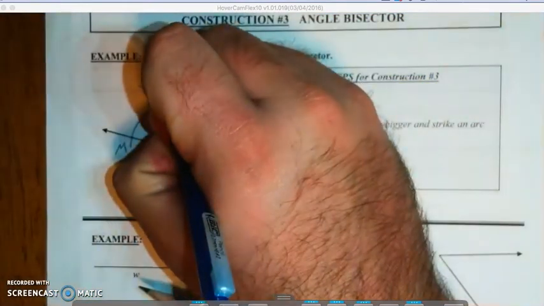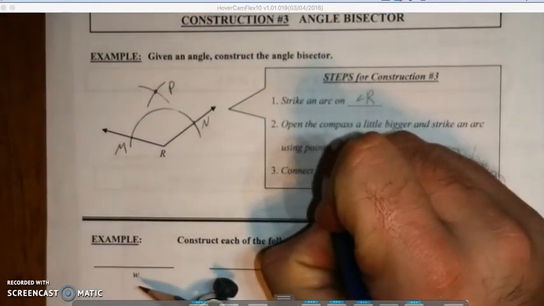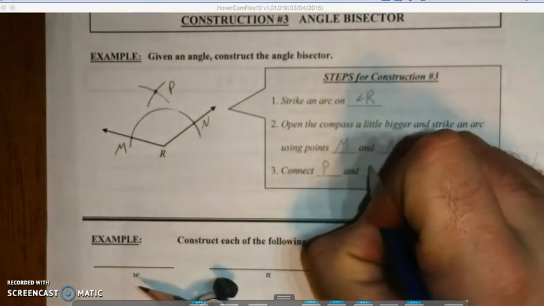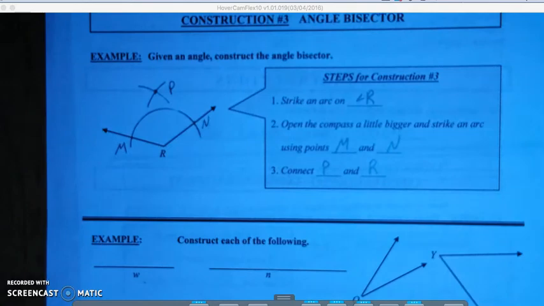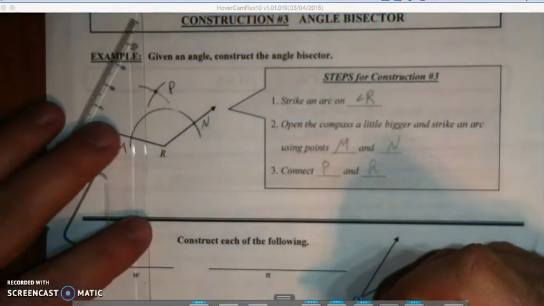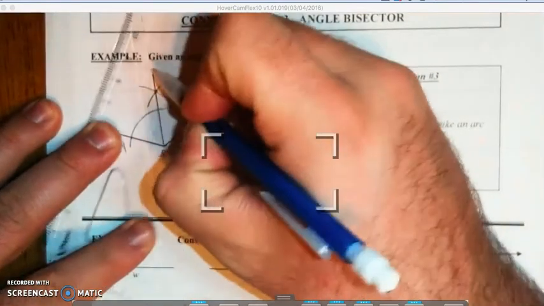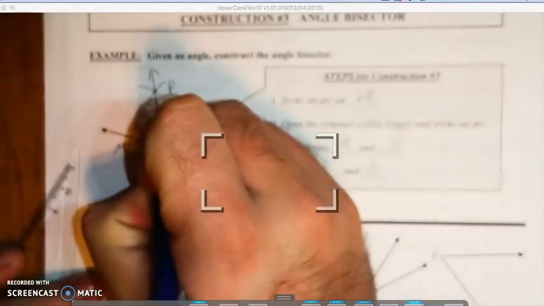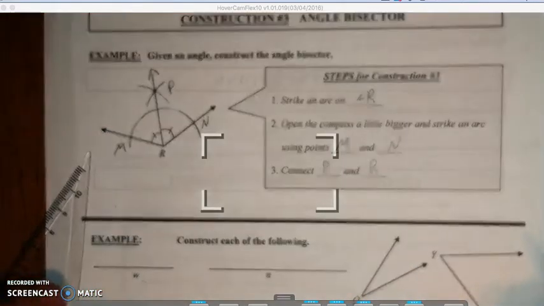If we call this point P, the last thing we have to do is connect P to R. And as you go through, if you're following this and doing your construction, I would pause just to make sure you know how to do all this. I know I'm probably going a little fast. So we go on here, connect P to R. We now have two smaller angles that we know are congruent.